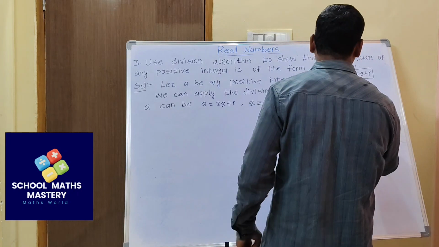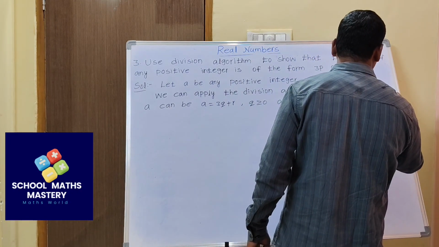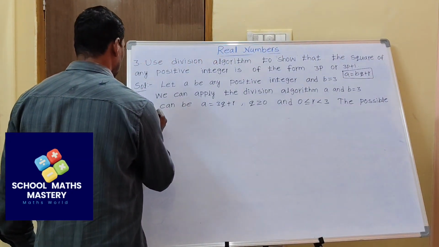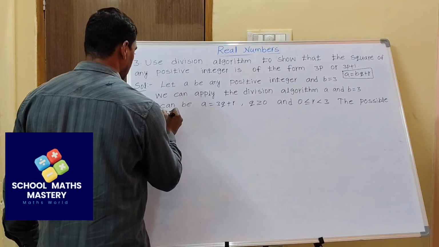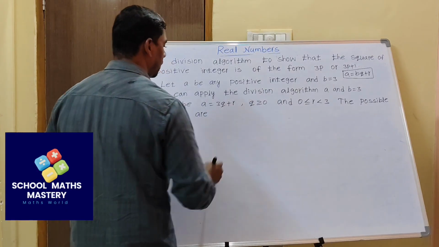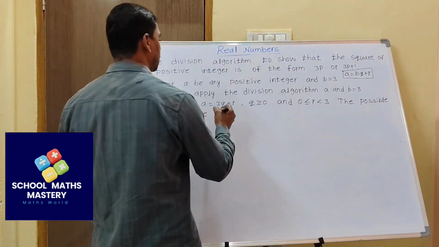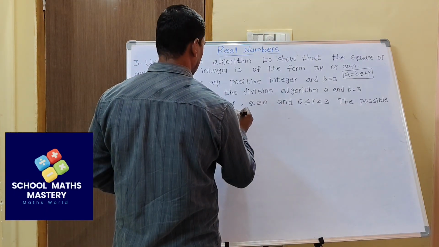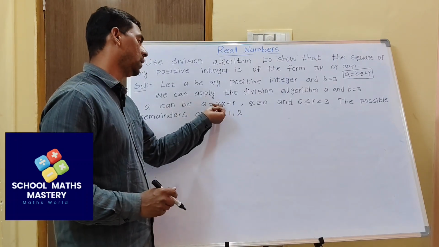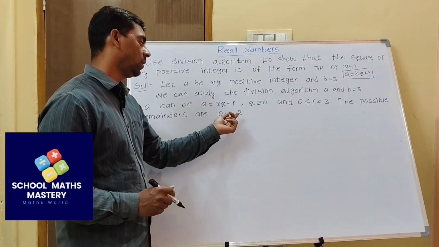So the possible remainders are, here b equal 3, 0 or 1 or 2. Remainders are less than divisor b. So the remainders are 0, 1 or 2.